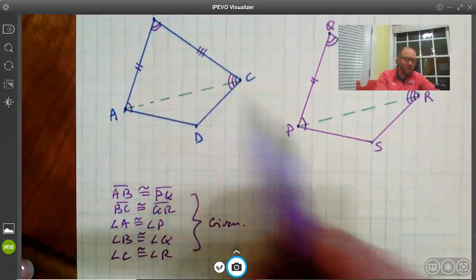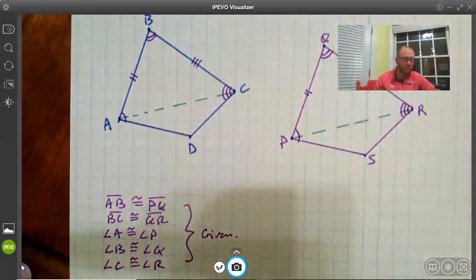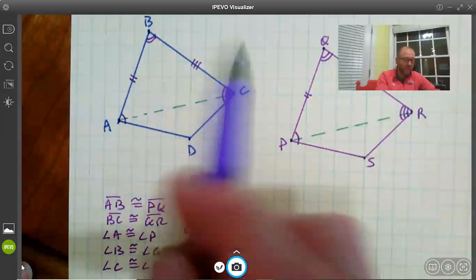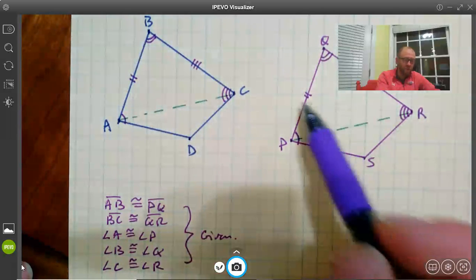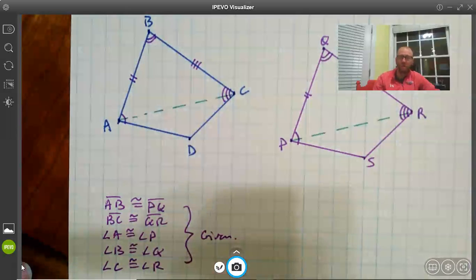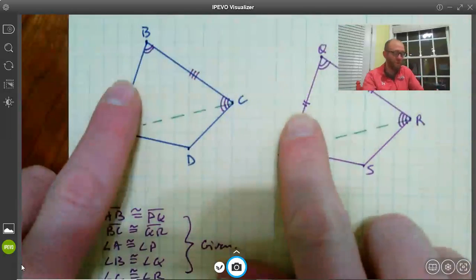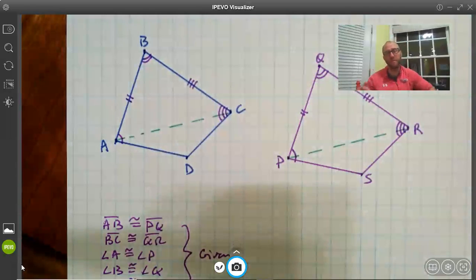So I'm going to connect these P and R with a line across here, a little segment, to make a triangle up top. And we should see the triangle ABC is congruent to PQR by side, angle, and side. Right? So you got one pair of congruent sides, another pair of congruent sides, and the angle in between them is also congruent.